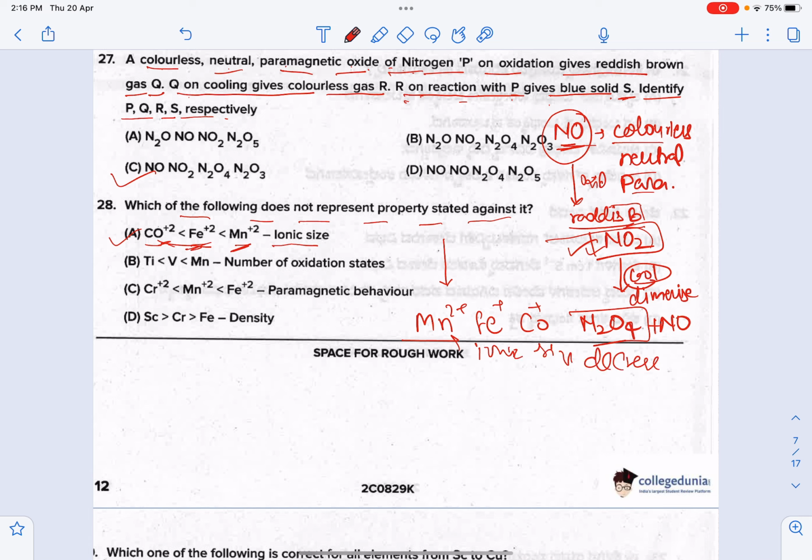As you know the trend of the periodic table, ionic size decreases from left to right in a period. So manganese has the largest size, iron is larger than cobalt. Okay, as we move from manganese to cobalt, so this option is correct.